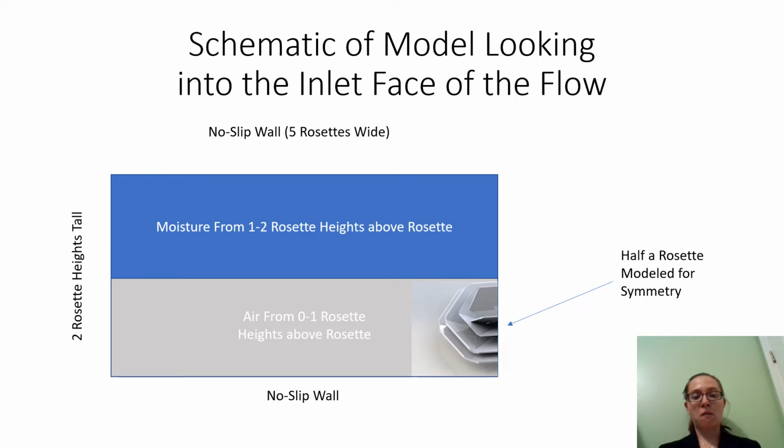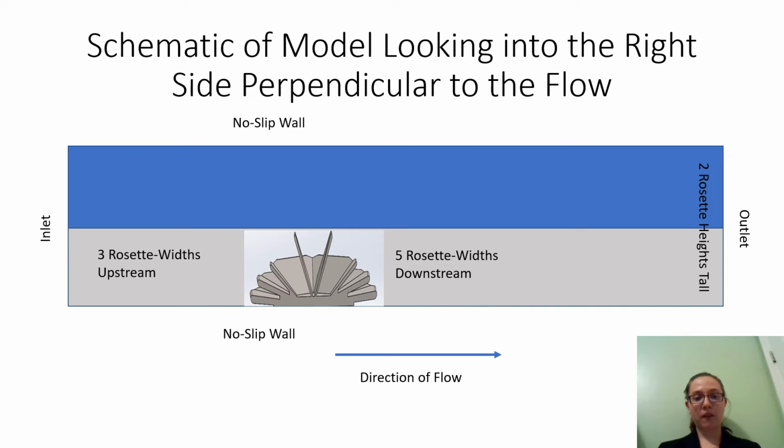On the top and the bottom, we have no-slip walls that, when looking into the inlet face, are 5 rosettes wide. As you can see in the bottom right of this schematic, we have the half rosette modeled and included in the channel. Half a rosette was modeled for this analysis because the rosette geometry is symmetrical, and this was done to ease calculations.